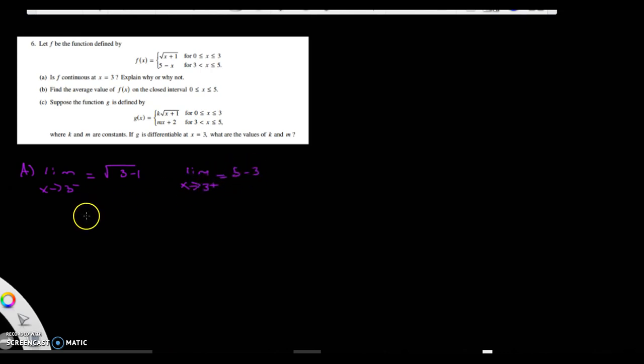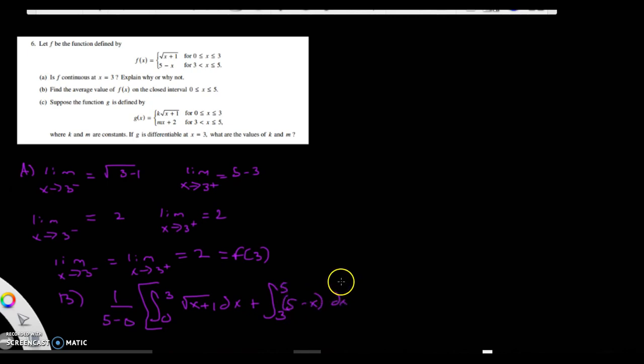So for this piece we're going to get 2, because root of 4 is 2. Also over here, the limit as x approaches 3 from the right equals 2. So now the limit as x approaches 3 from the left equals the limit as x approaches 3 from the right, which equals 2, which also equals f of 3.